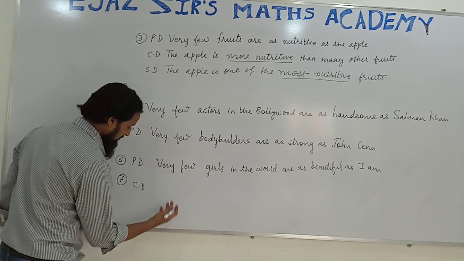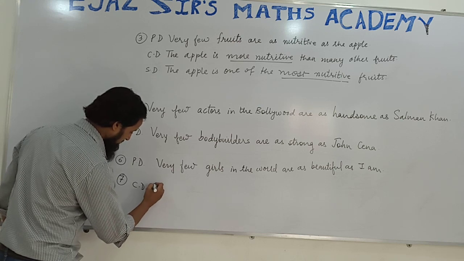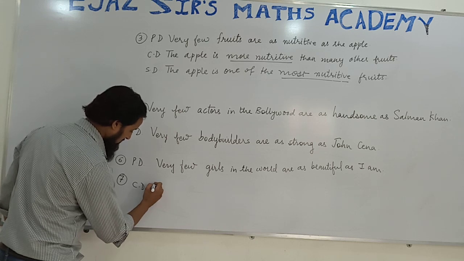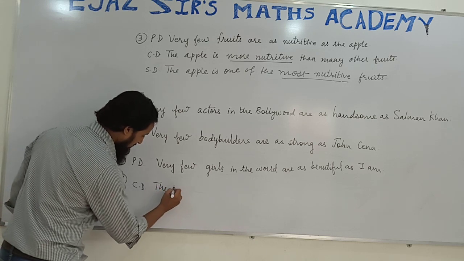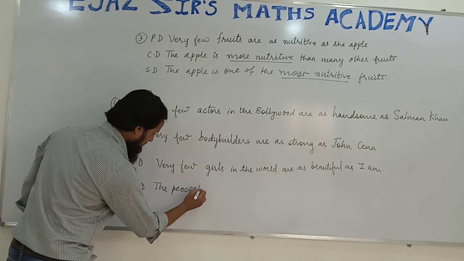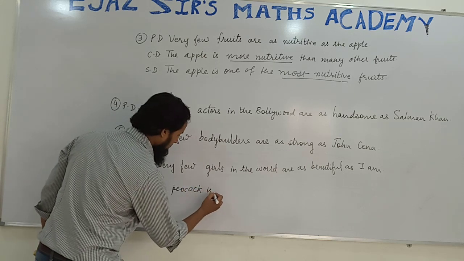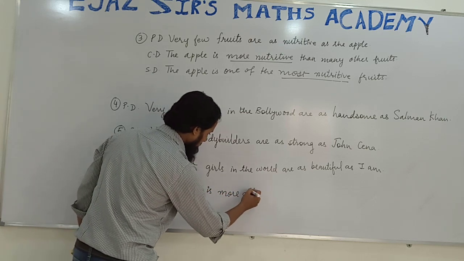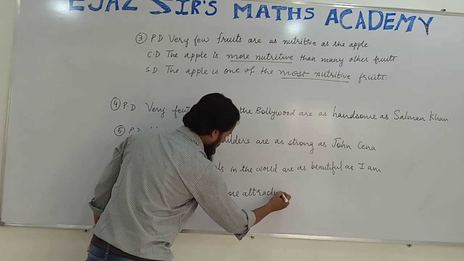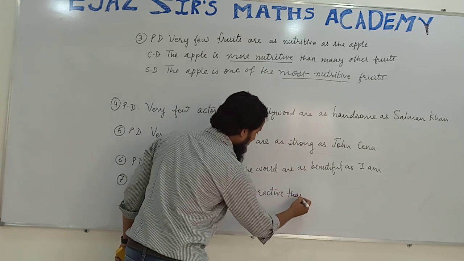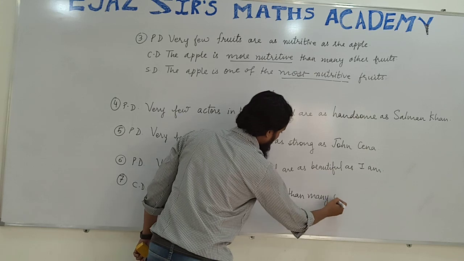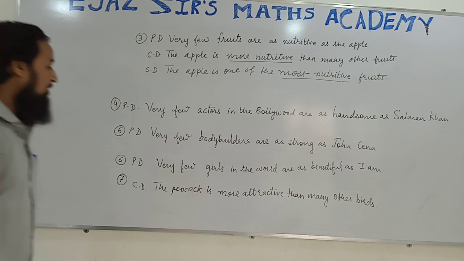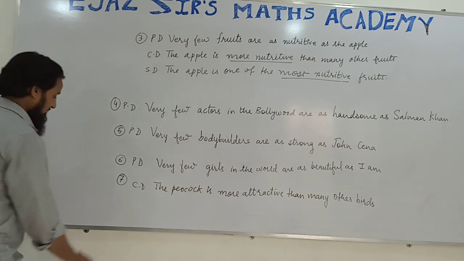The elephant, the peacock, the dog, tiger. The peacock is more attractive than many other birds. The peacock is more attractive than many other birds.